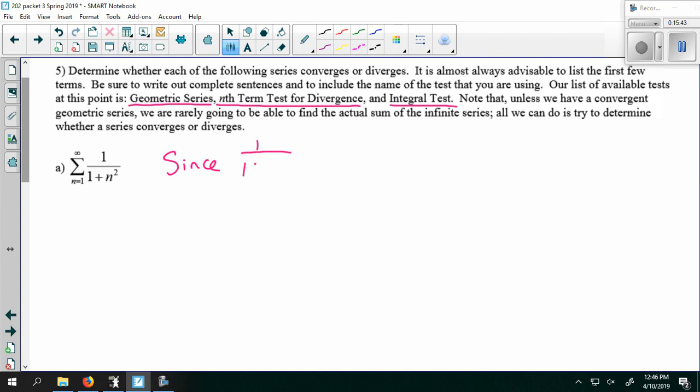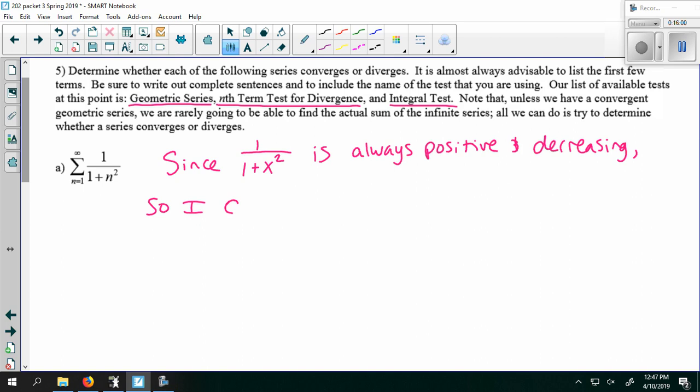and I'm going to note that 1 over 1 plus x squared is always positive and decreasing. So I can use the integral test. Okay, so whatever the integral does, the sum will also do.